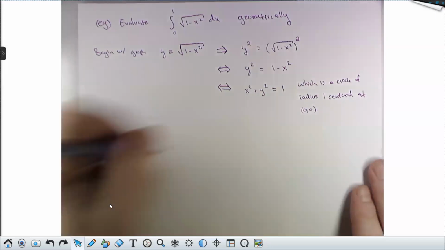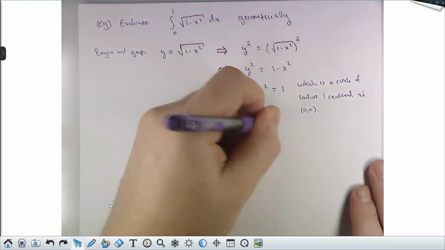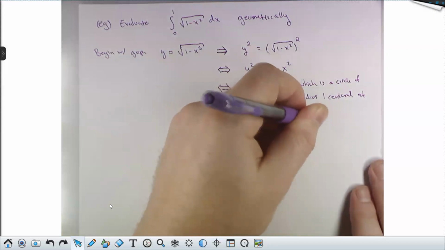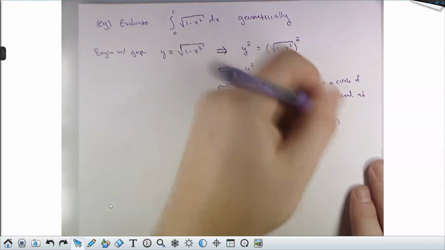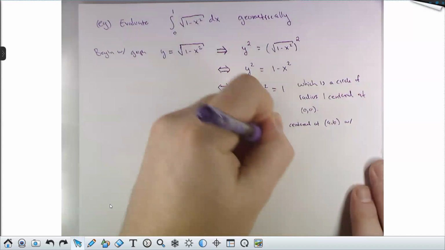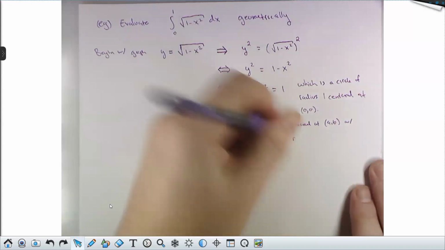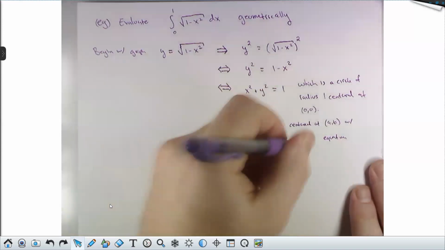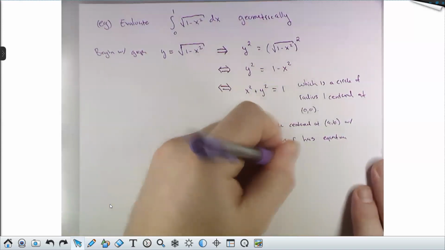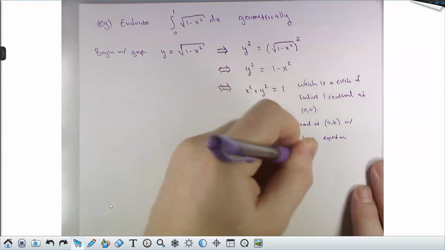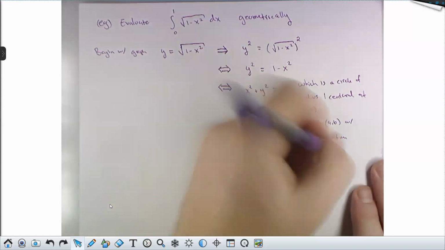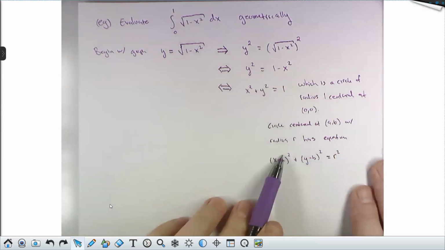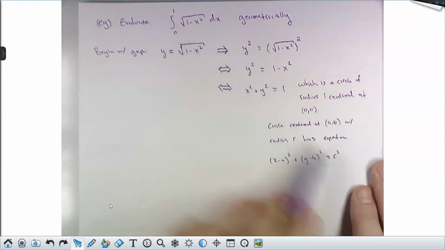Right? So remember the equation of a circle centered at a comma b with radius r has equation x minus a squared plus y minus b squared equals r squared. So here a is 0, b is 0, and r is 1.